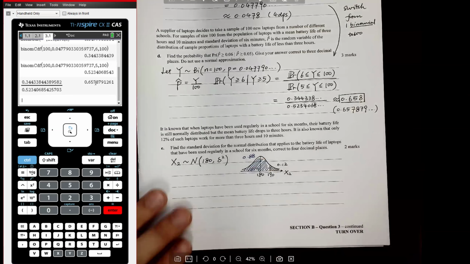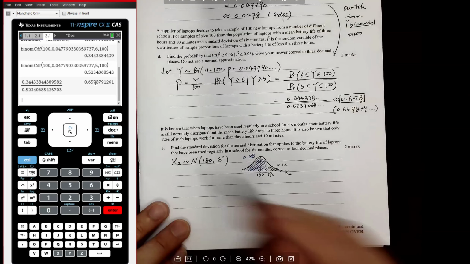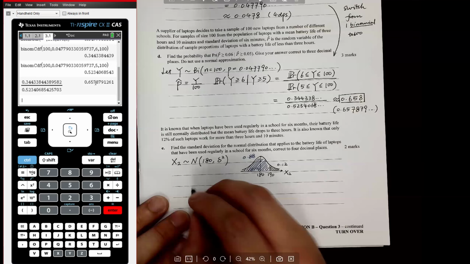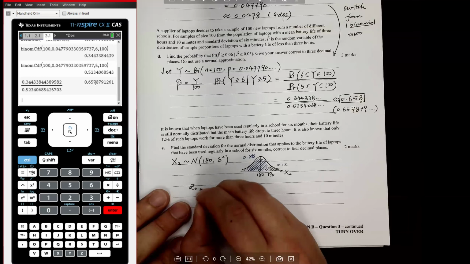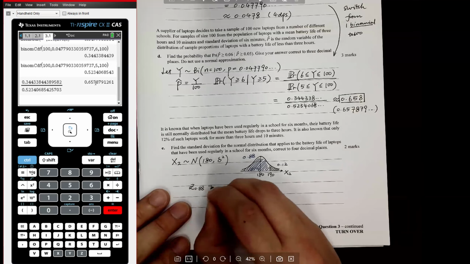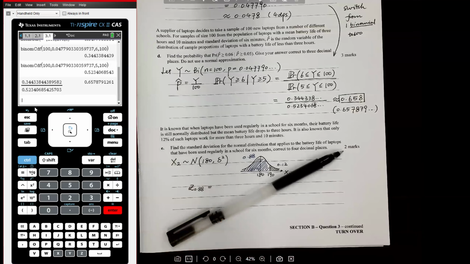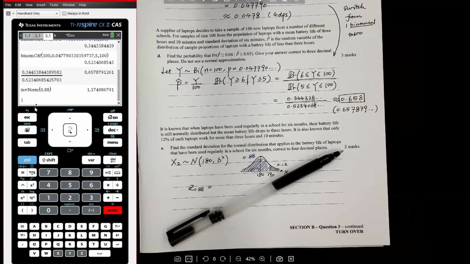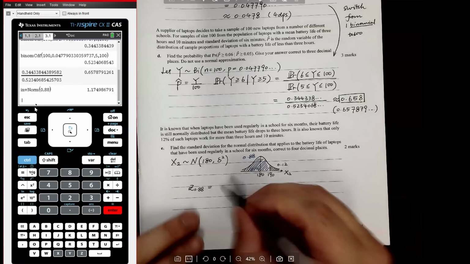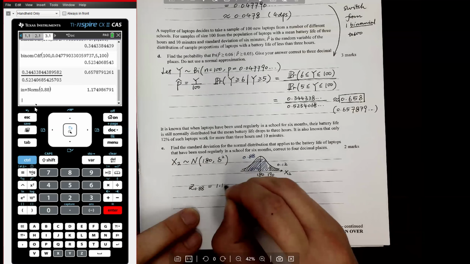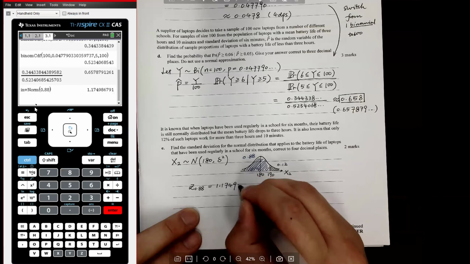What I'm trying to do is get a z-score. The z-score for 0.88 equals 1.174986, something along this line.